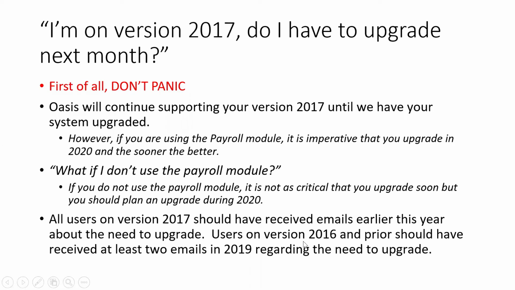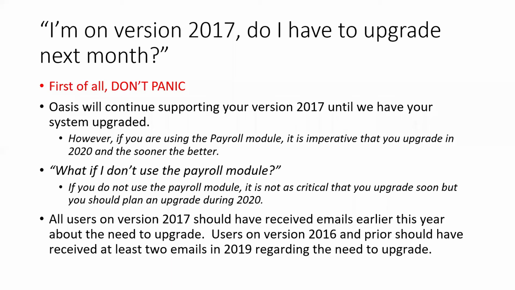If you're on version 2016 or prior, we still have some folks who are on that version. You should have received at least two emails from me during 2019 regarding the need to upgrade.